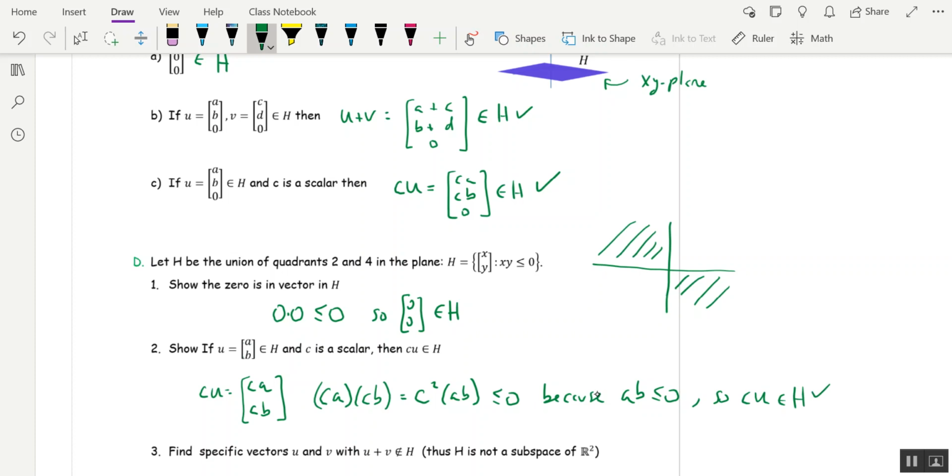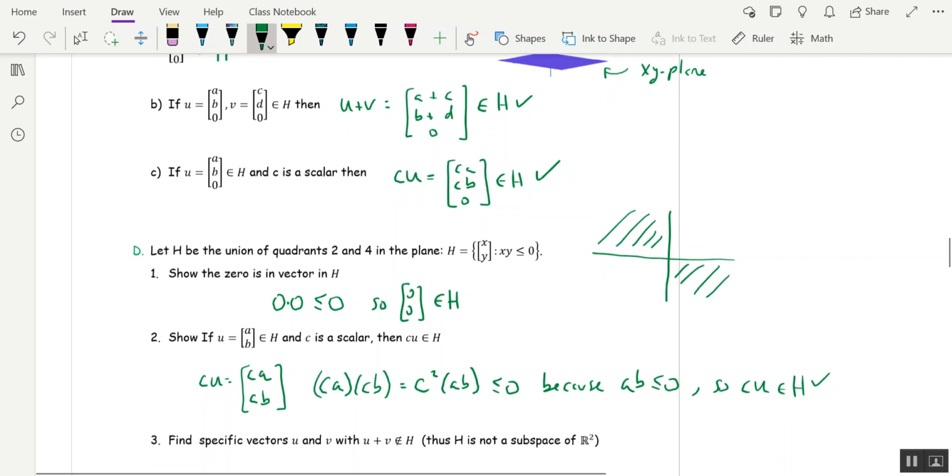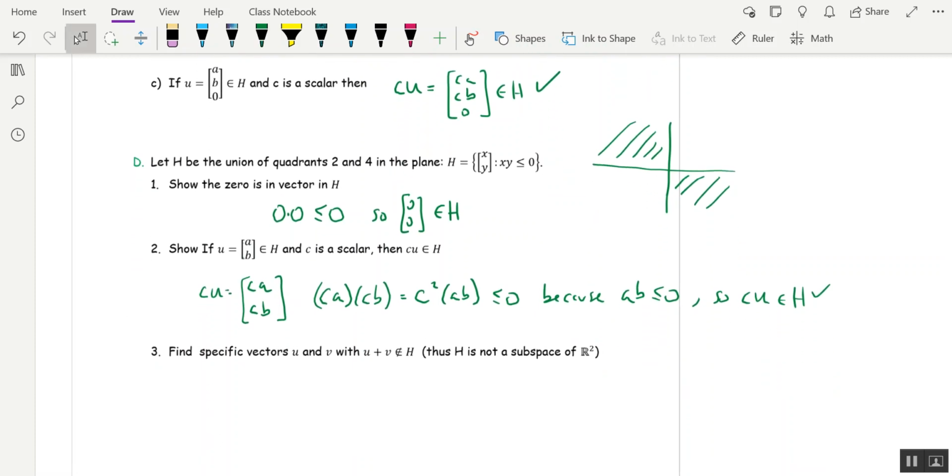Where H fails to be a subspace is that it's not closed under addition. So here's an example where I'm going to find 2 vectors. They're both in H, but their sum is not in H. So there are infinitely many examples you can use. The ones I came up with: u equal, let's try x is -1, y is 2.